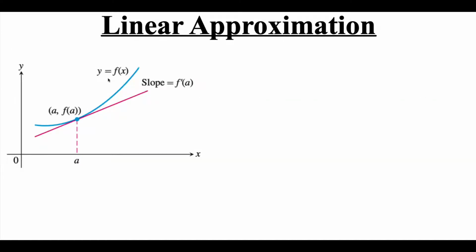If we were looking at this curve, y equals f of x, and finding a tangent line at the point a comma f of a, we know that the slope of the line is the derivative, and using this point a and f of a, we can do some point-slope things. Remember, point-slope form looks like y minus y1 equals m times x minus x1.